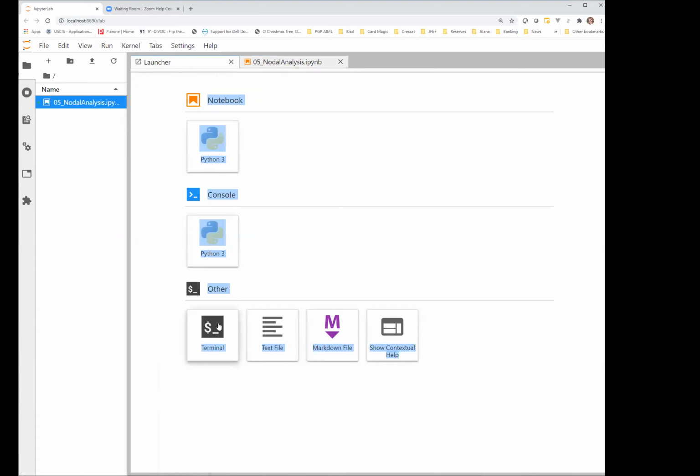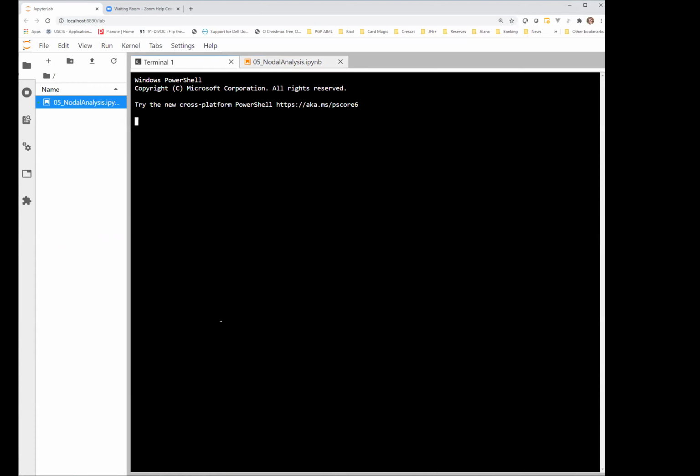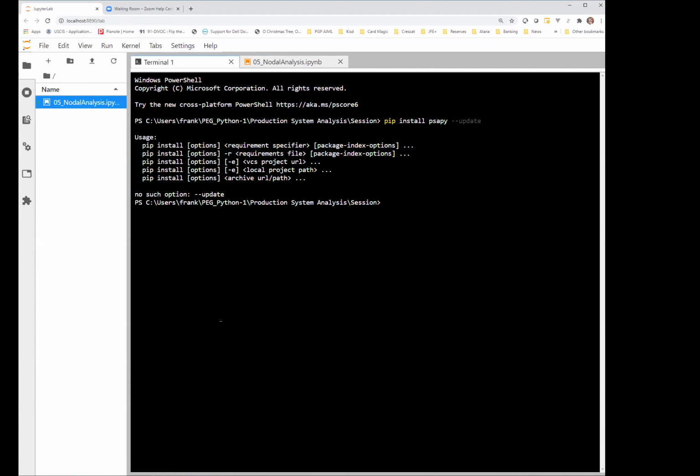But before starting, keep in mind that if you already installed the psapy library, I would recommend you to update. So pip install psapy minus update, I guess, or upgrade. That should be upgrade.